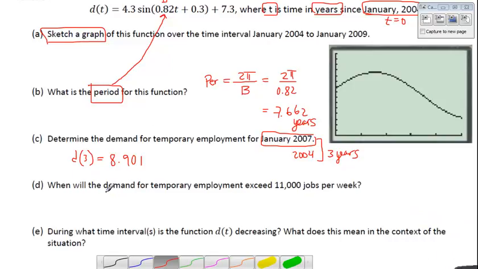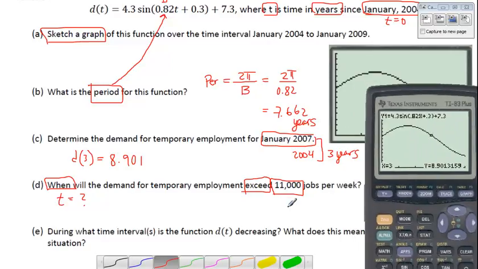When will the demand, so this is going to be a t equals something question, for temporary employment exceed, so get larger than 11,000 jobs per week. So it needs to be above 11,000.